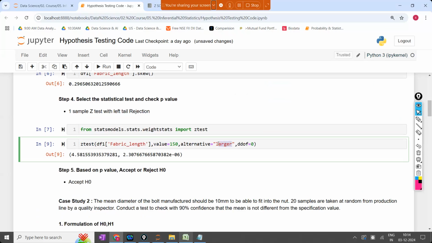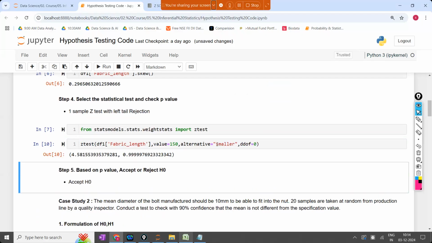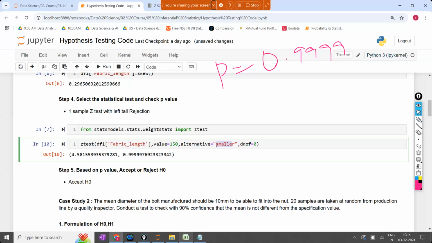When I apply smaller, what p-value have I got? Observe, what is the p-value, guys? 0.99999. Okay, that is the p-value. So for a left tail test, that is the p-value you have got. For a right tail test, it is 1 minus p. Now when I convert this to larger, larger means right tail test, right?